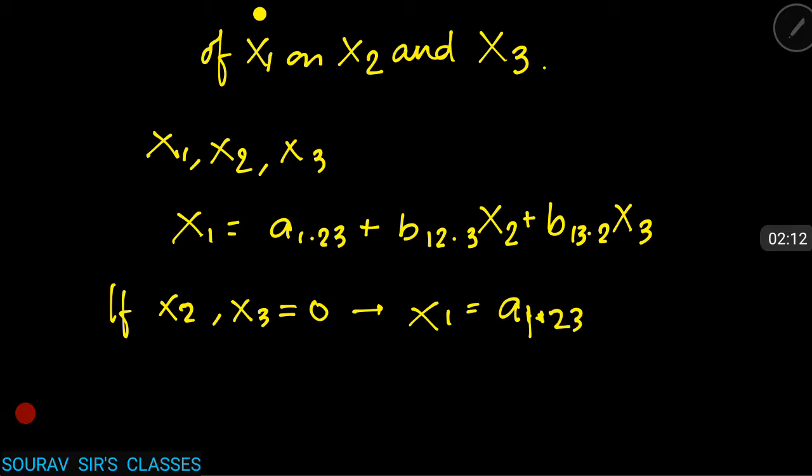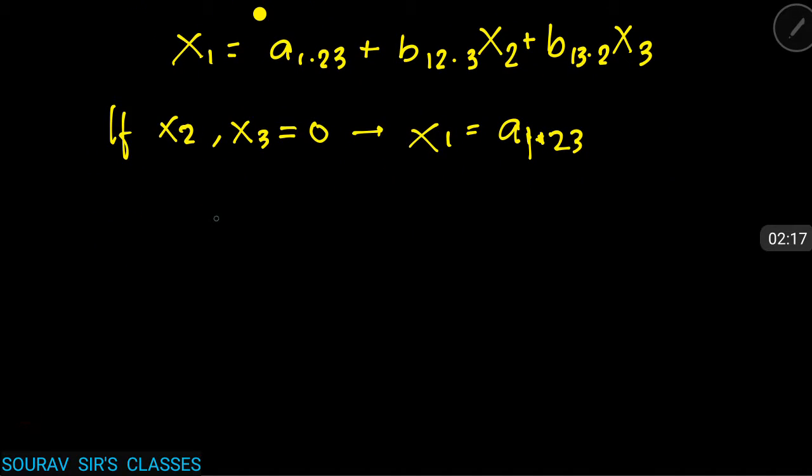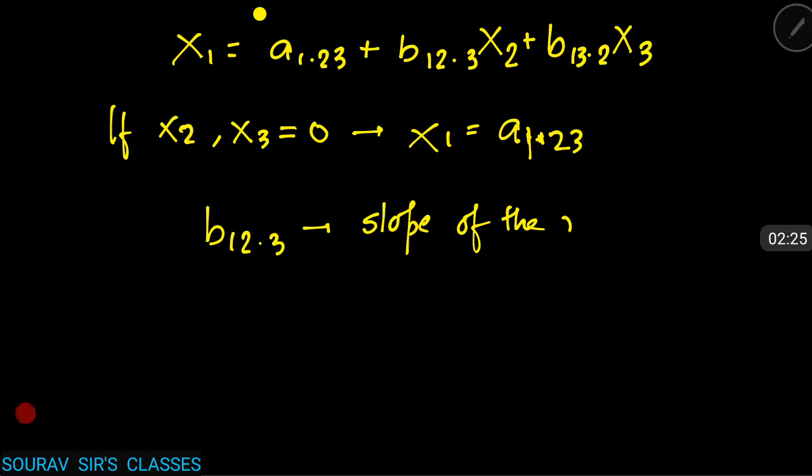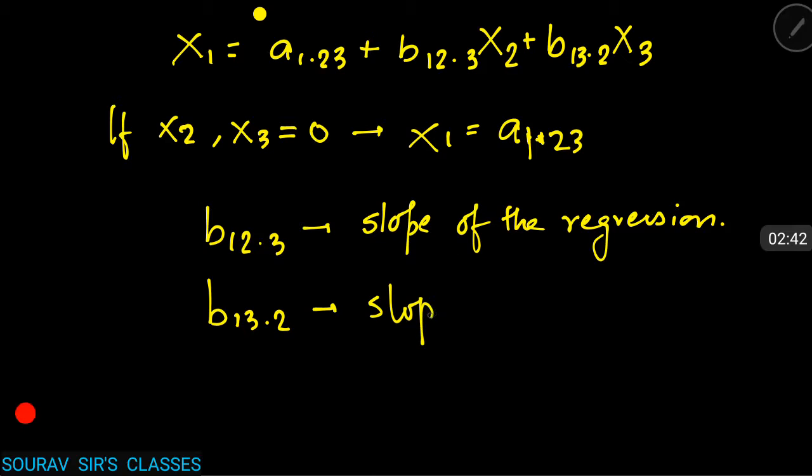In the above equation, b 12.3 indicates the slope of the regression line of x1 and x2 when x3 is held constant, and b 13.2 indicates the slope of regression of x1 and x3 when x2 is held constant.